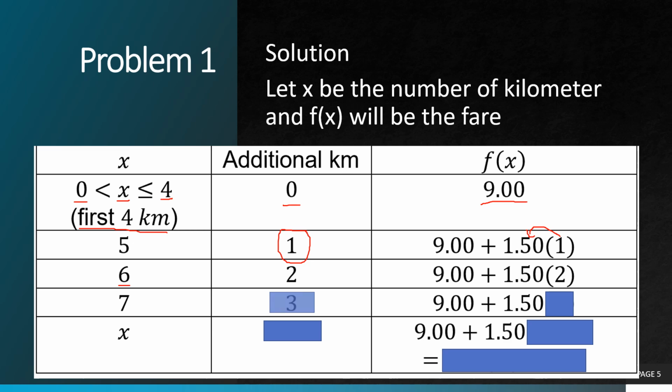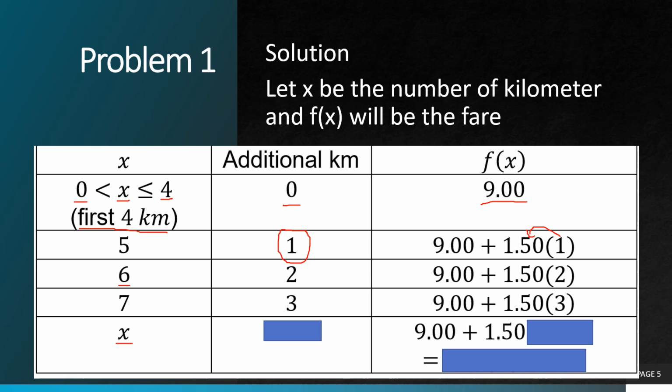And for 7, we have 3. So 3 will be multiplied to 1 peso and 50 and added to 9 to obtain the fare. Now for x, let us just say we do not know yet the number of kilometers. It is simply x.